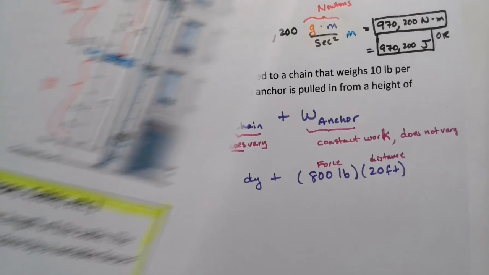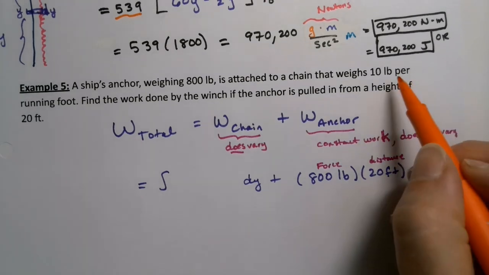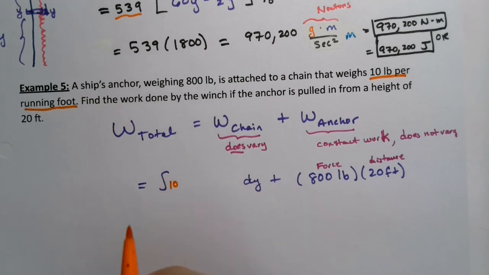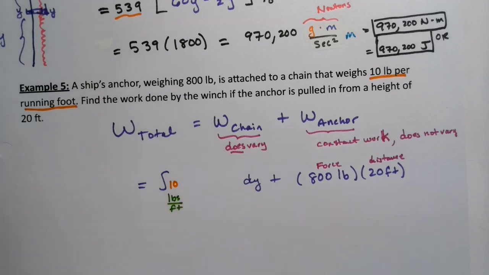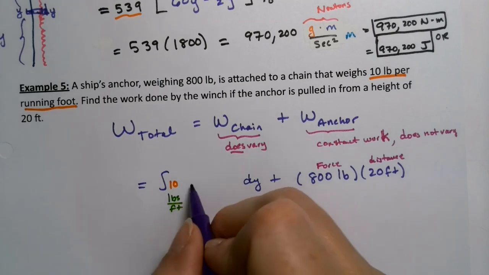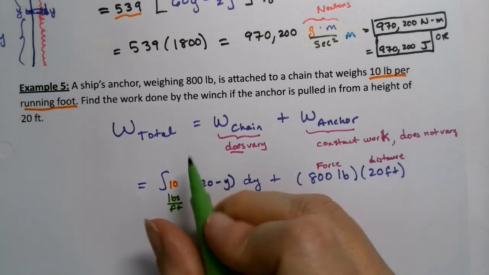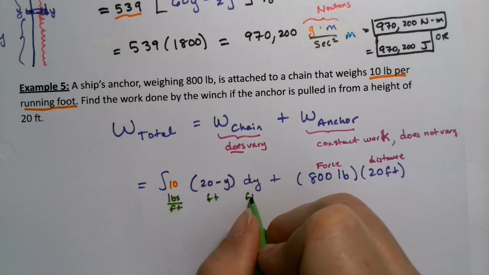So this piece, the rho g part, we're going to get from the 10. They told us it was 10, and let me put in the units so we can see it. It's pounds per foot. And then we're going to lift it 20 feet. So it's 20 minus y, which is in feet. Those feet will cancel, and then times dy, which is also in feet.